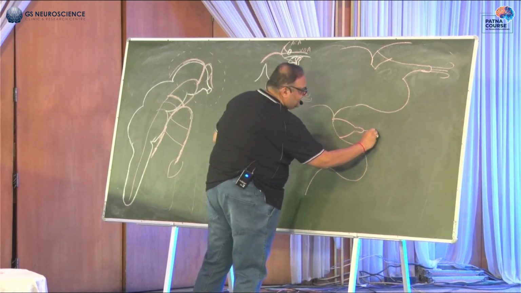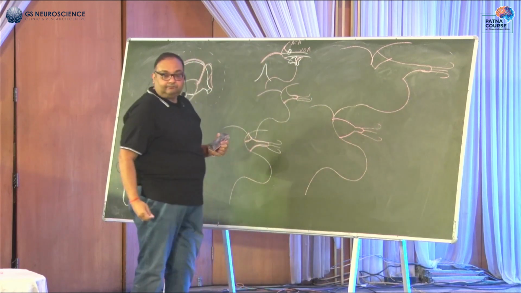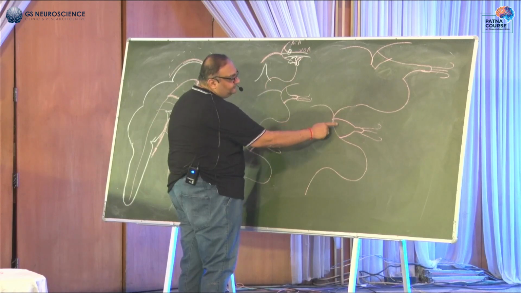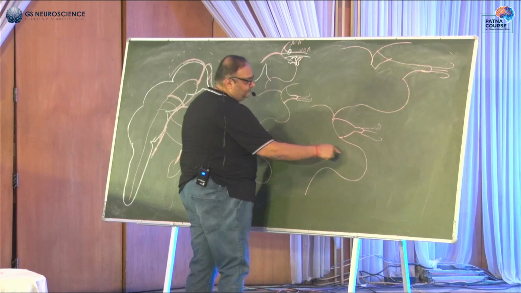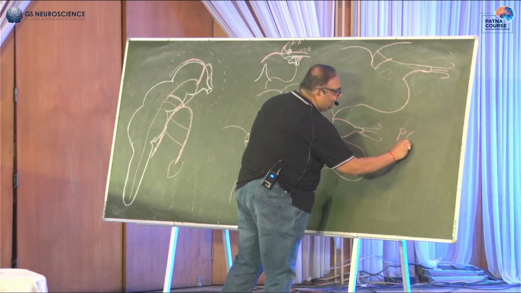They give rise to the central retinal artery and the long ciliary arteries. This is the ventral ophthalmic artery. This is the dorsal ophthalmic artery. And this entire structure is called the primitive ophthalmic artery.